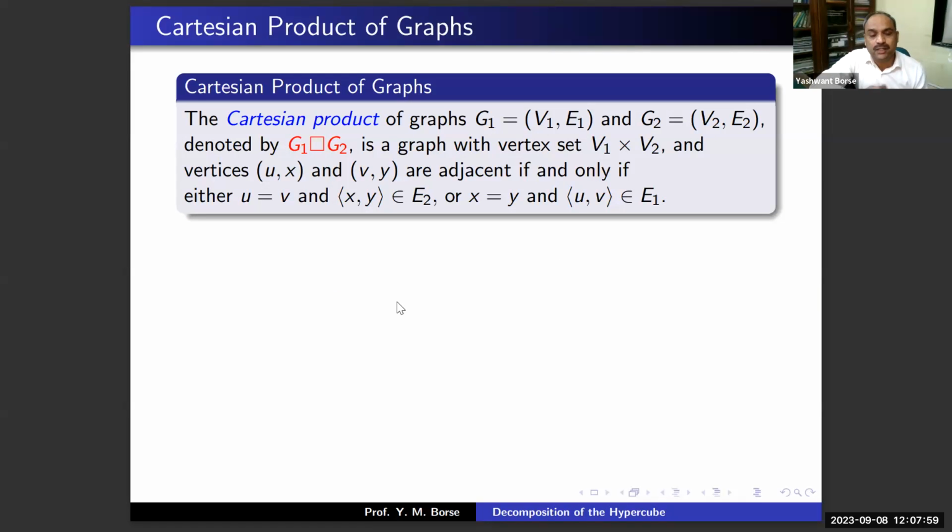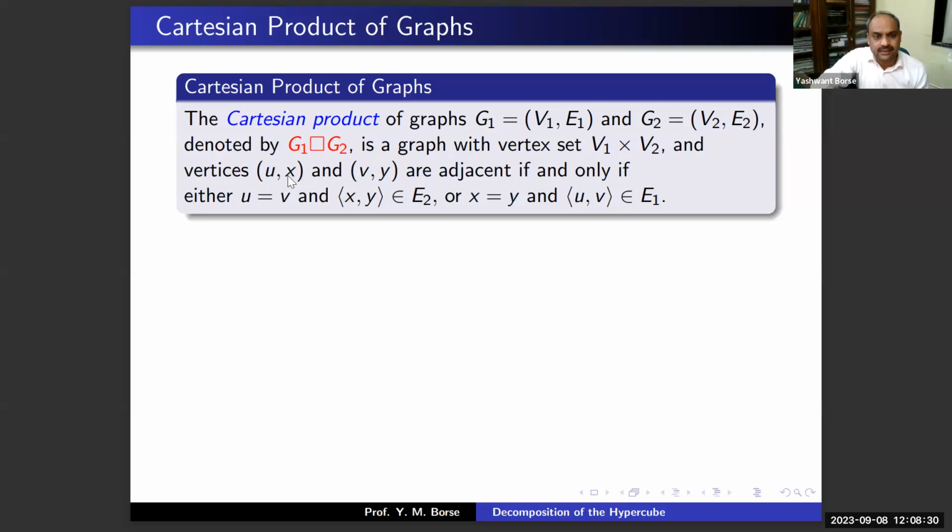Now, the hypercube can be defined through the Cartesian product of graphs. The definition of the Cartesian product of graphs is like this. Suppose G1 = (V1, E1) and G2 = (V2, E2) are 2 graphs. Then the Cartesian product of these 2 graphs, we denote by G1 box G2. It is a graph with vertex set V1 cross V2, where cross means the Cartesian product of sets V1 and V2.